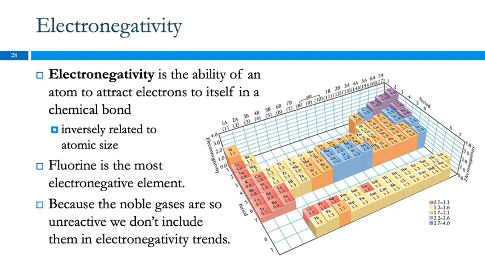So if we look at this, here we have one of those three-dimensional bar graph things. Here's fluorine over here. Fluorine is the most electronegative. So that is the coolest house imaginable for little boys to play at. And it's literally all downhill from there.